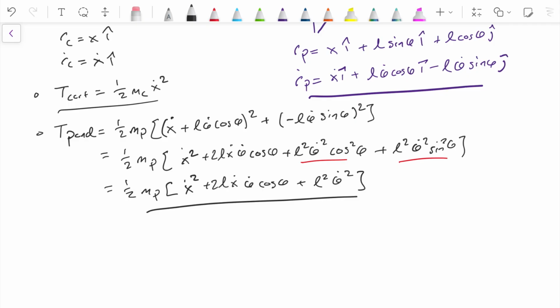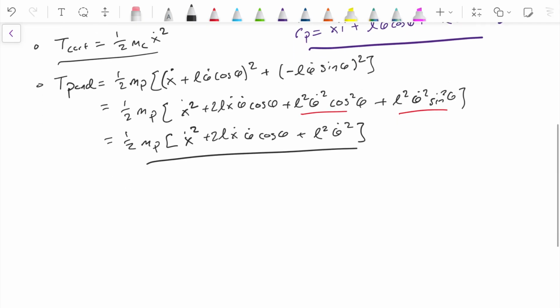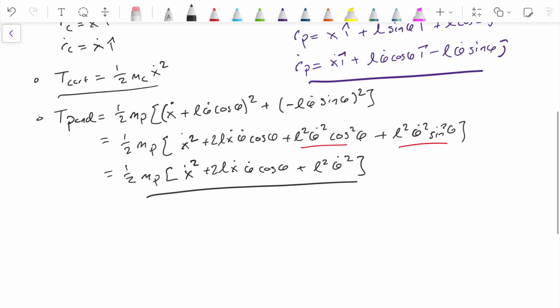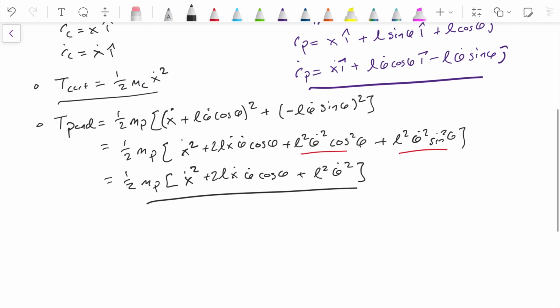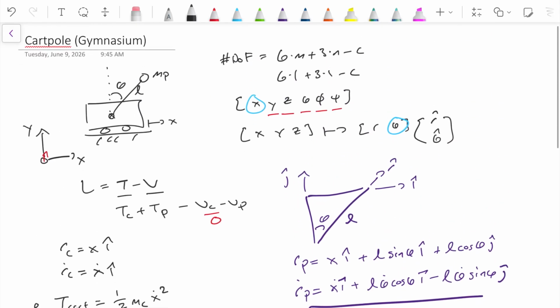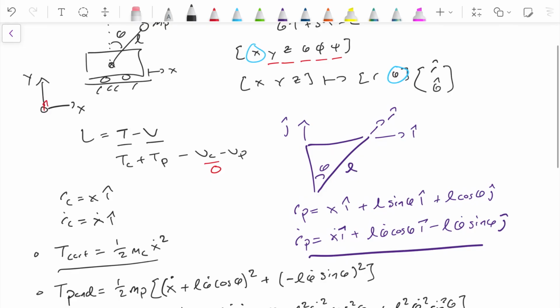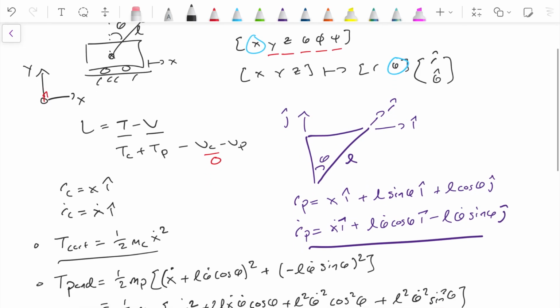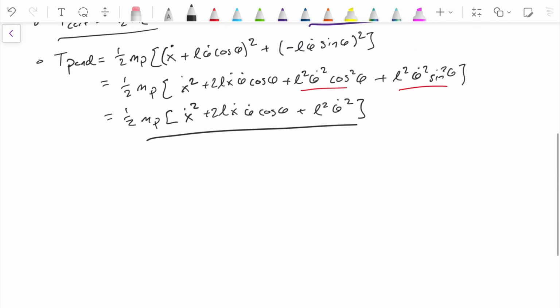So it's always good to just double check on these equations too, because it's easy to goof up. Okay, so we have our kinetic energy here with the pendulum. And now we need to describe the potential energy of the pendulum. The potential energy of the cart is 0. So let's use purple.